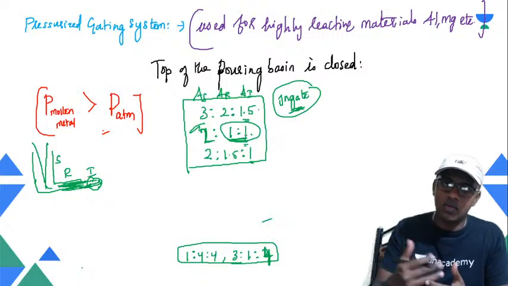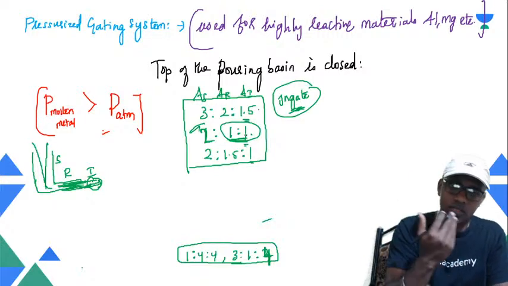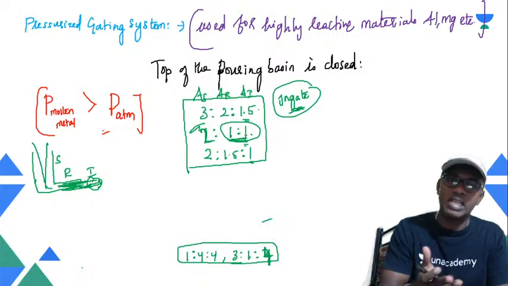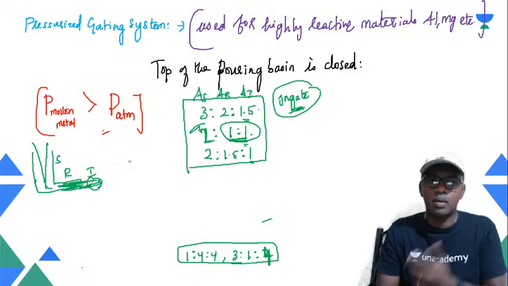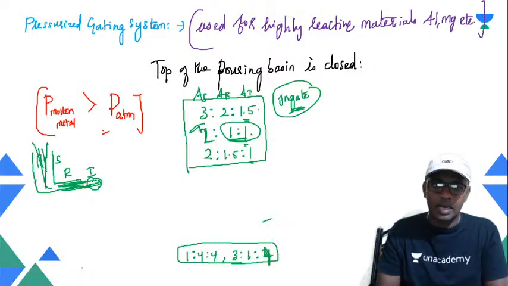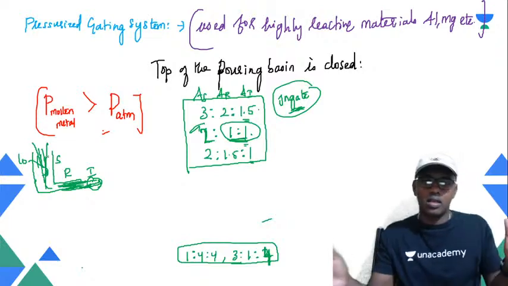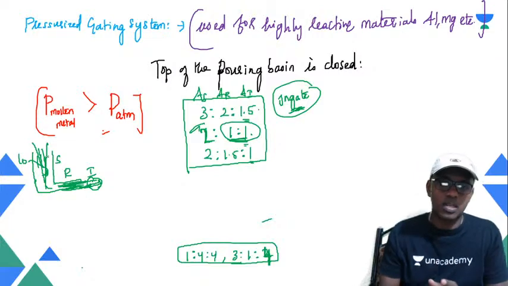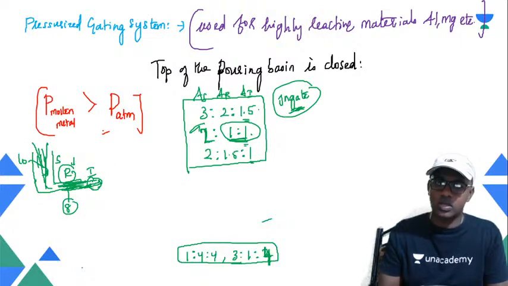So when your ingate is always of the least cross section compared to the rest, obviously the gating system is a pressurized one, sir. You can remember it like this: 10 people can easily enter through this sprue. Now in the runner only 8 people can enter because it is reduced in cross section, and in the ingate only 4 people can enter, but there are 10 people pushing in.